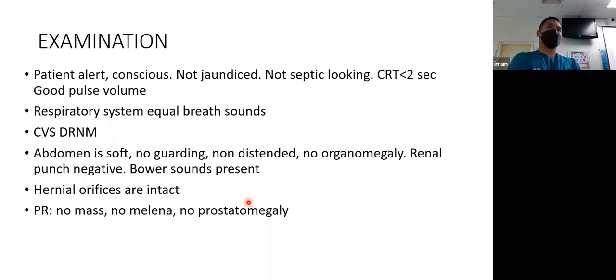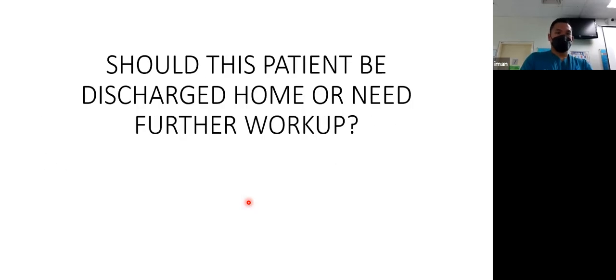It's not necessarily torsion if there is a mass there, a funky mass. So always try to expose everything and see what's going on down there. Physical examination, and then what else?